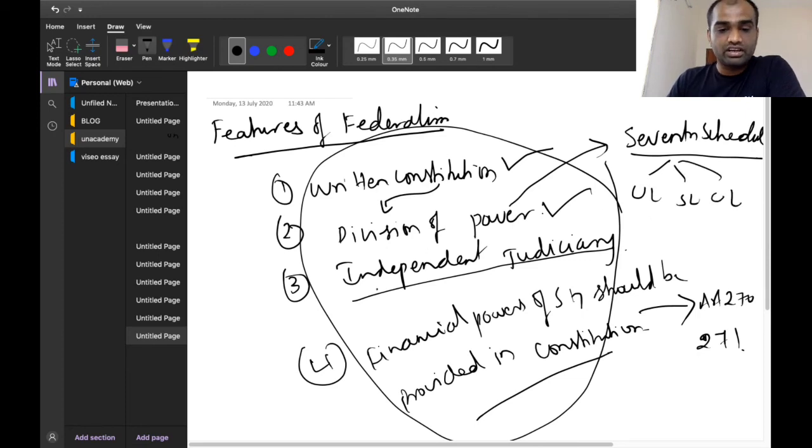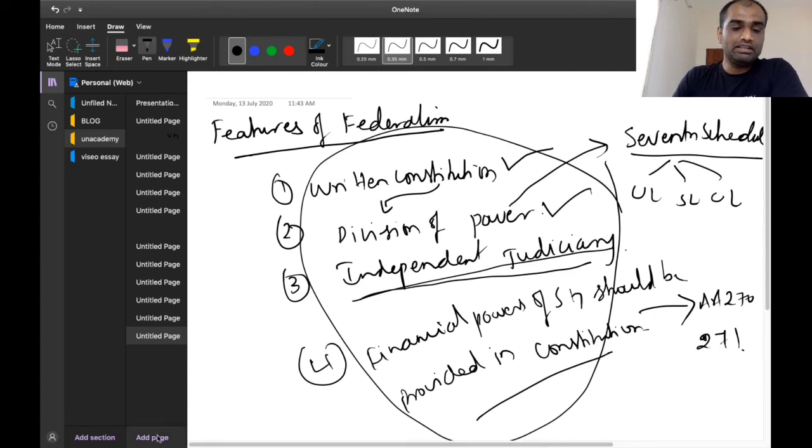Does India have an independent judiciary? Yes, in India the judiciary is independent of the executive as well as the legislature. What about financial powers for state government? Yes, the Constitution provides for financial powers of state government, mentioned in both Article 270 and Article 271.